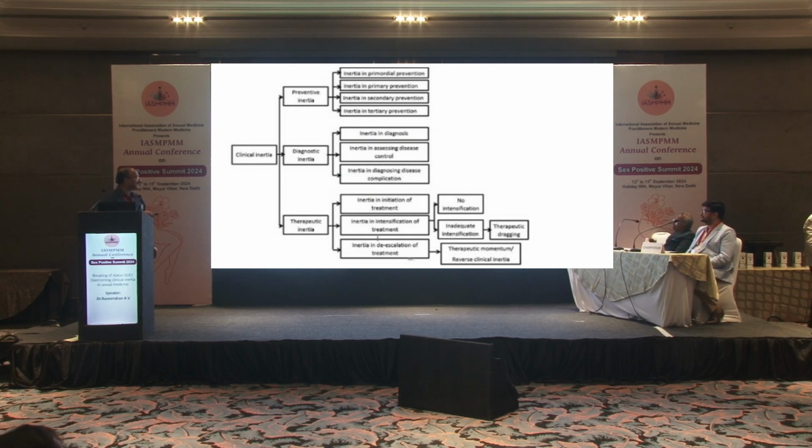Diagnostic inertia is inertia in considering the diagnosis, or inertia in assessing disease control, or inertia in diagnosing disease complications or drug-induced problems. Therapeutic inertia can be inertia in the initiation of treatment, inertia in the intensification of treatment, or inertia in de-escalation or de-intensification of treatment when it is required.